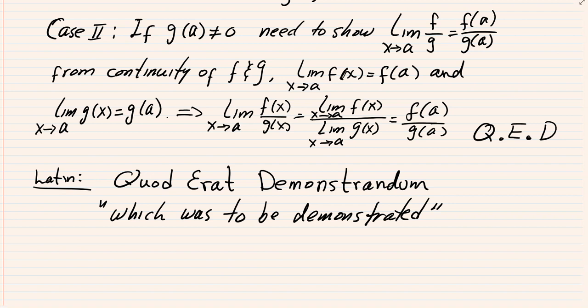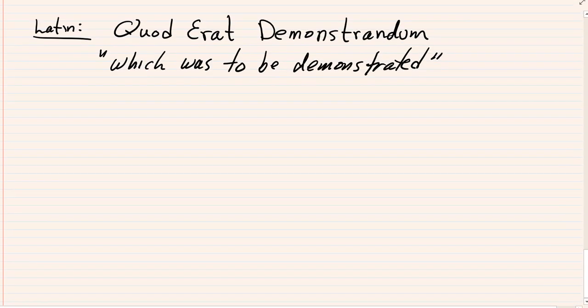Now, let's take a look at continuity of two special functions. We're going to look at polynomial and rational functions. Okay, so let's take a look at those two functions. Let me put a box here.